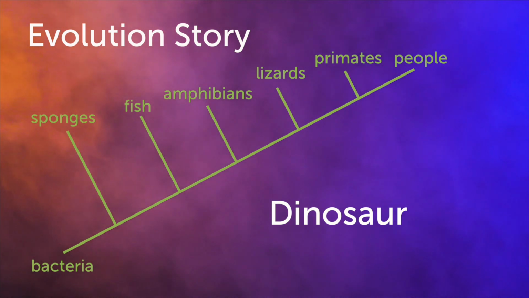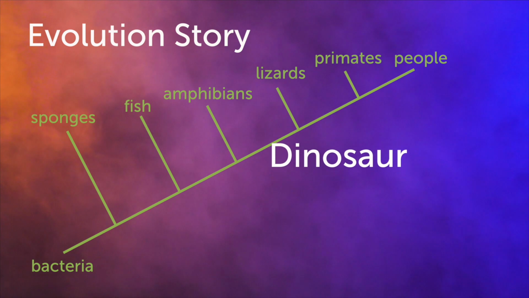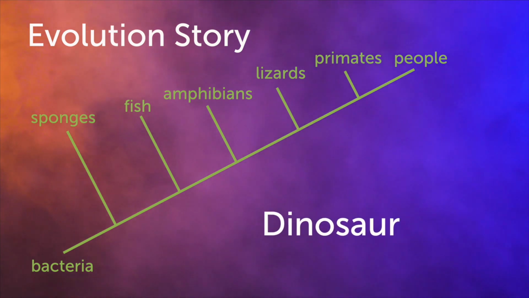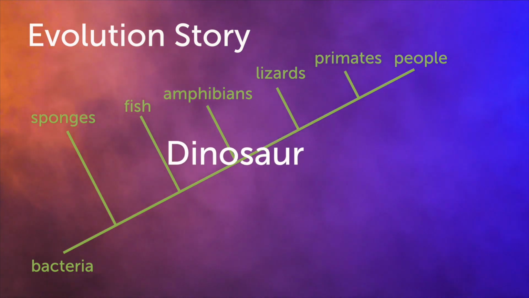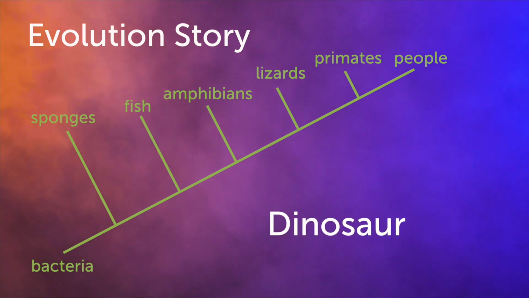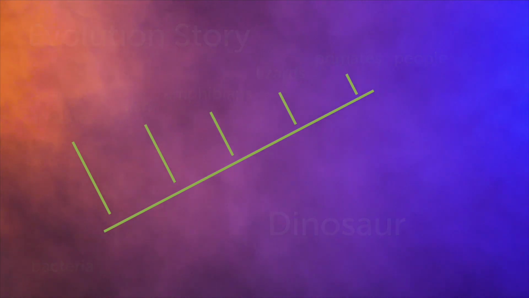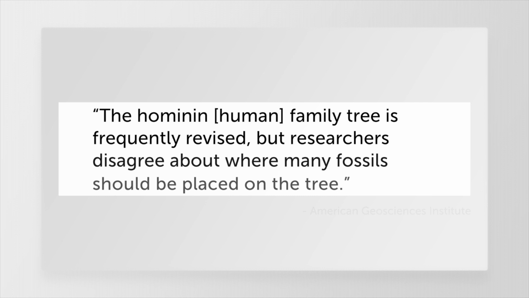Since 2017, there have been 3 very different but equally valid ways they place dinosaurs into the tree. Placing humans into the tree is a second example. A 2016 article published by the American Geoscience Institute reads, "The hominin human family tree is frequently revised, but researchers disagree about where many fossils should be placed on the tree."